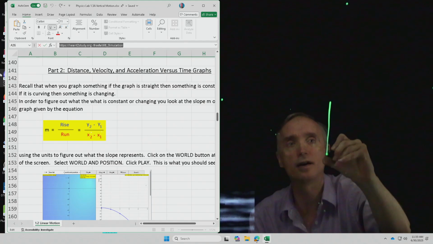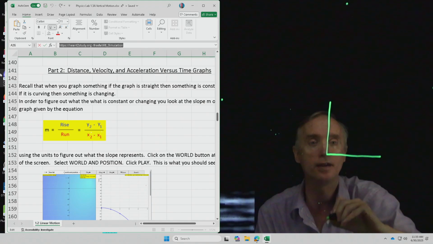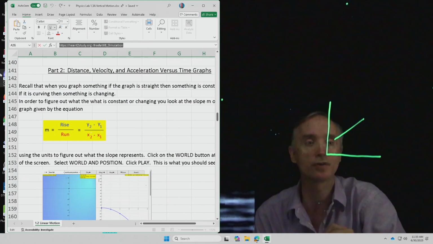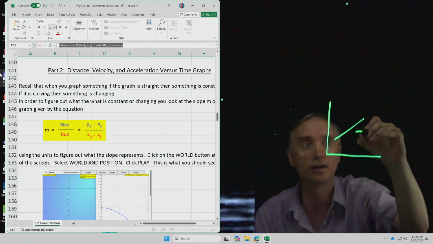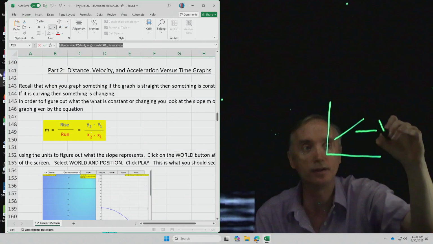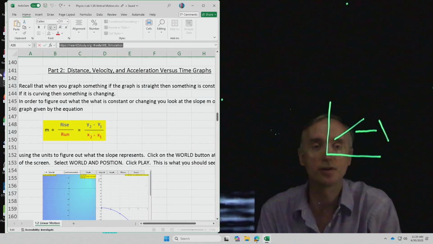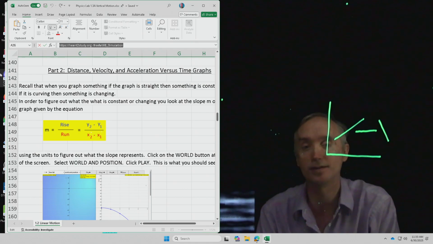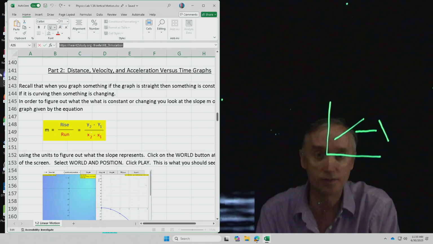Any time that you have a graph and it makes a straight line, it could be a straight line like that, like this, or like that. Anytime a graph makes a straight line, that means that something is not changing, which means that something is constant.